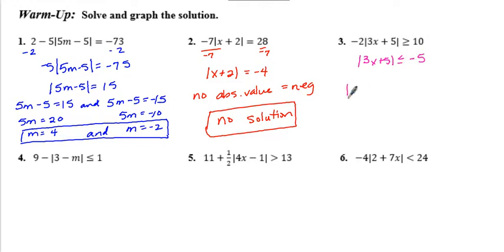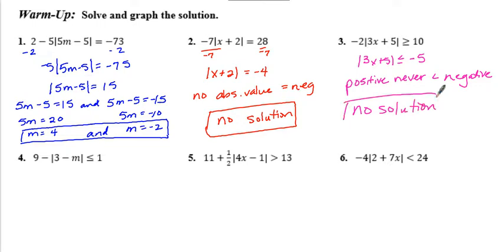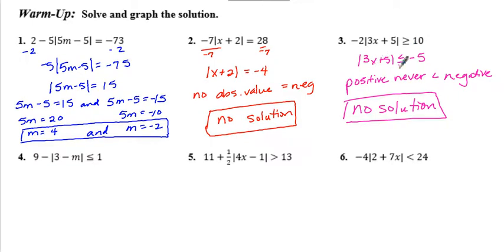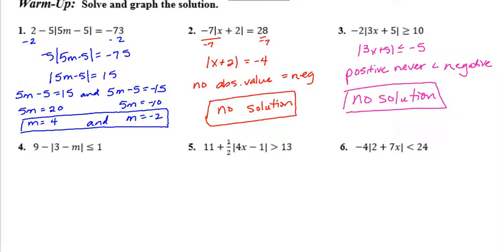No, it can't. Positive is never less than negative, right? That never happens on a number line. Anything less than the negative is going to be even more negative. So this too has no solution. Can't be less than or equal to a negative. So nothing I put in for x will cause this absolute value solution to work.